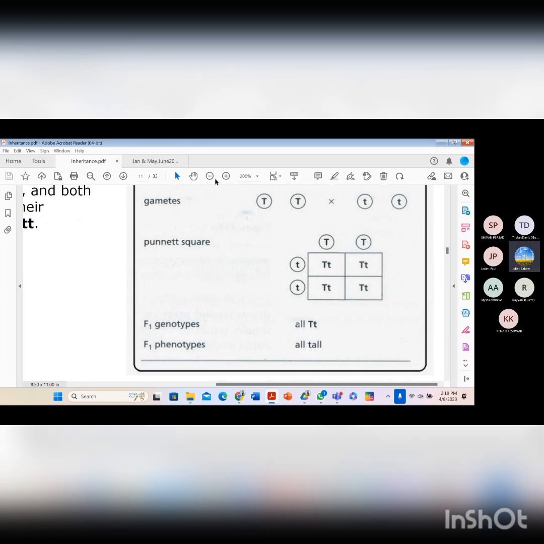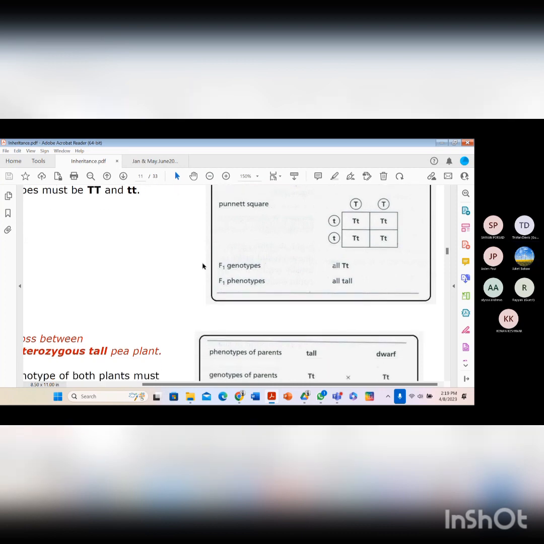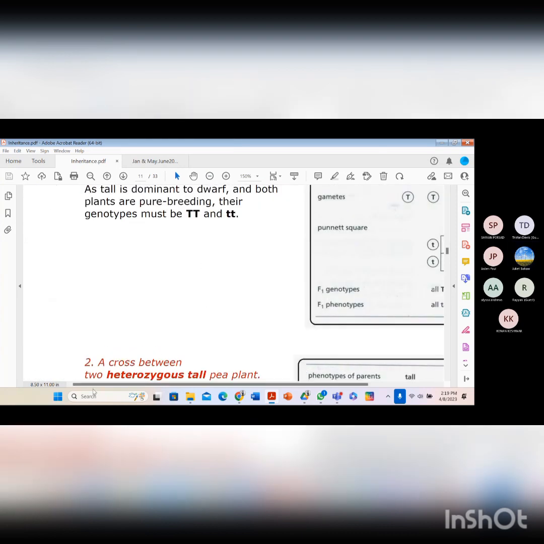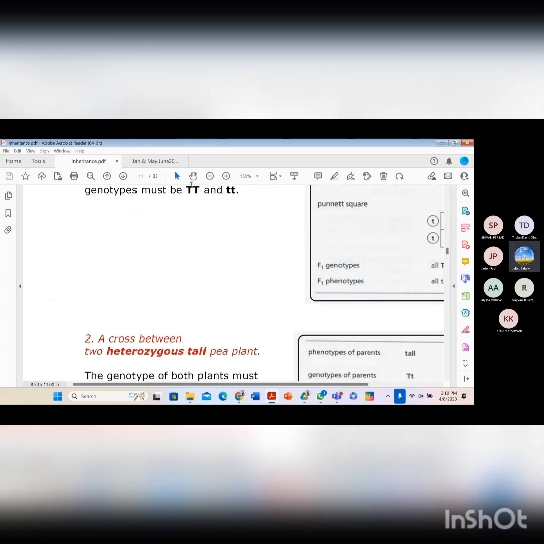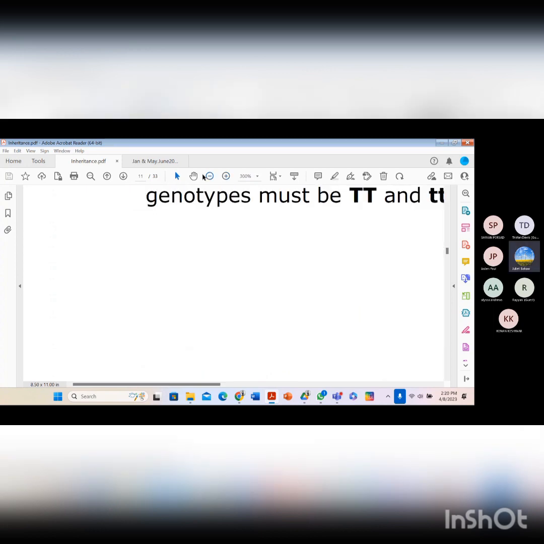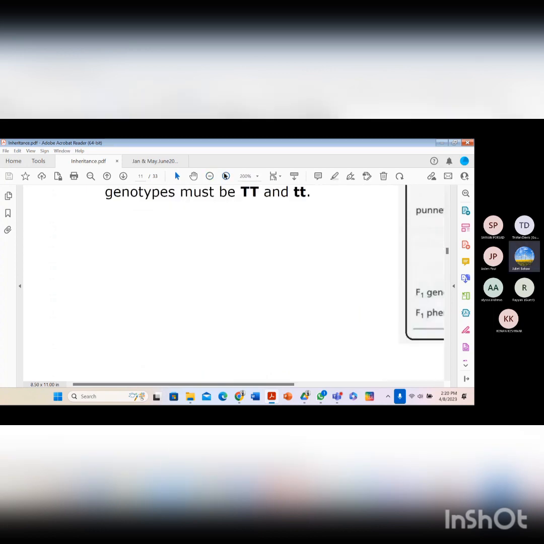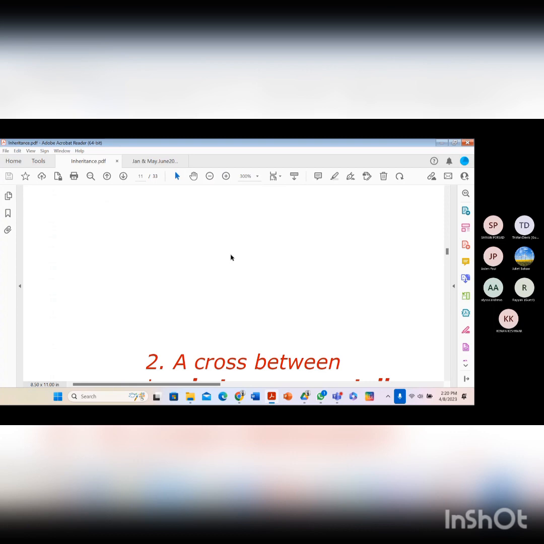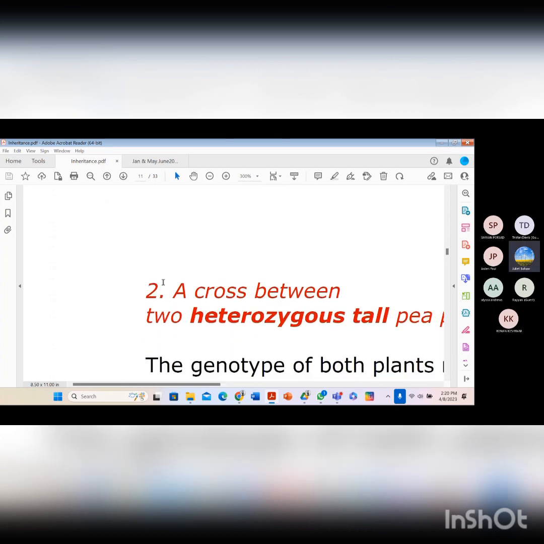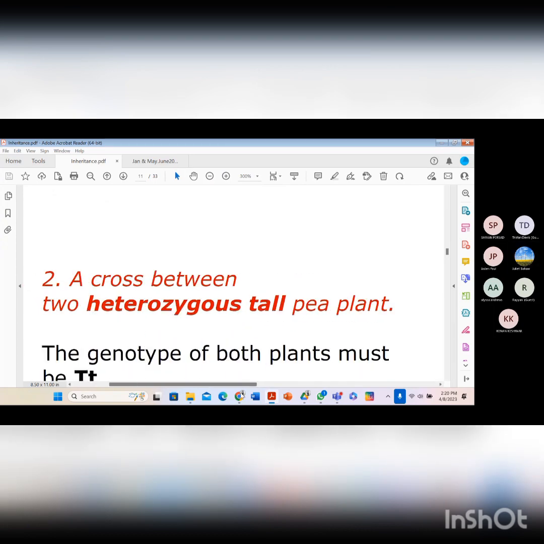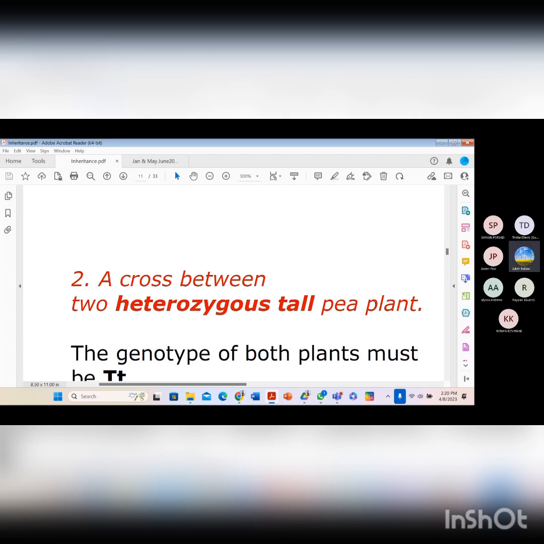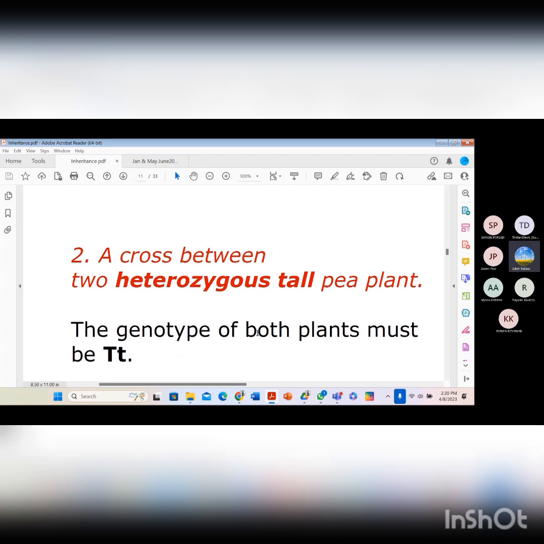All right, I want you all to try out a question. So here, let me zoom in so you can see the work again. A cross between two heterozygous tall plants. The genotype for both plants must be capital T, small t. So I want you all to cross capital T, small t.